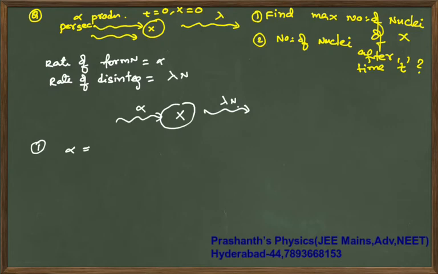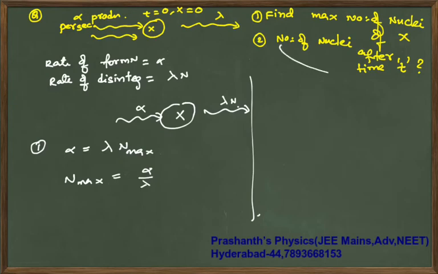So alpha is equal to lambda times n max. More nuclei means a higher disintegration rate, but when production becomes equal to decay, that is the maximum scenario. So the rate of formation should be equal to the rate of disintegration at maximum, and so n max is equal to alpha by lambda.